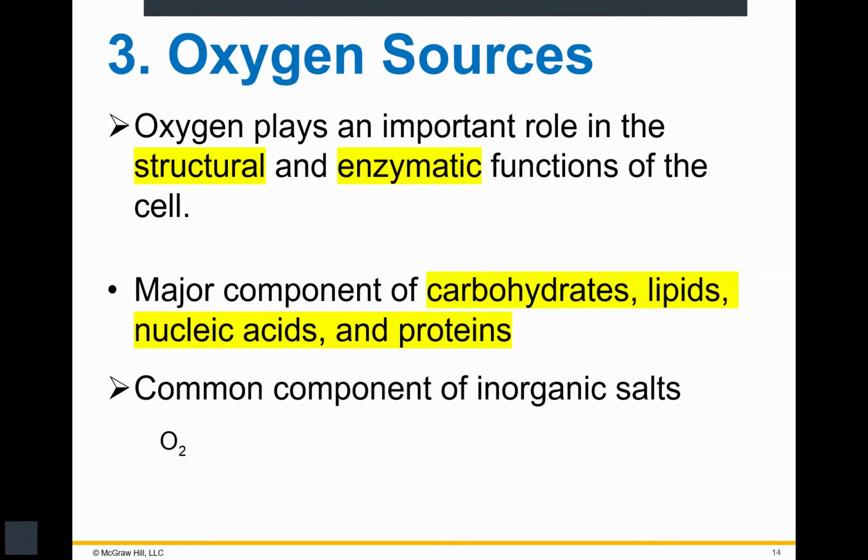So for anaerobes, oxygen is poisonous to them, and we'll discuss in some of our upcoming chapters why oxygen is poisonous to anaerobes. Now, a common form of inorganic source is oxygen, and oxygen gas makes up about 20% of the atmosphere.